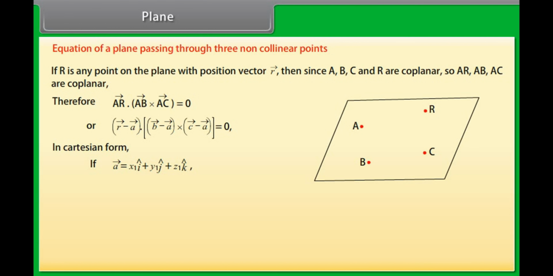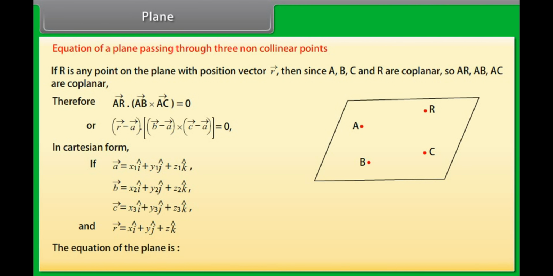In Cartesian form, if vector a equals x1 î plus y1 ĵ plus z1 k̂, vector b equals x2 î plus y2 ĵ plus z2 k̂, vector c equals x3 î plus y3 ĵ plus z3 k̂, and vector r equals x î plus y ĵ plus z k̂, the equation of the plane is the determinant, row-wise: first row, x minus x1, y minus y1, z minus z1.